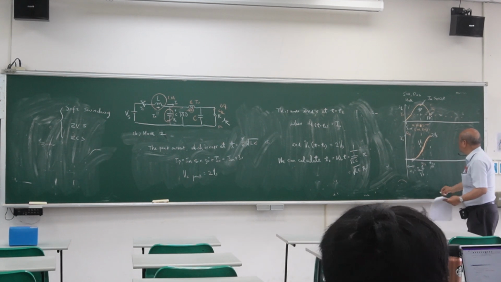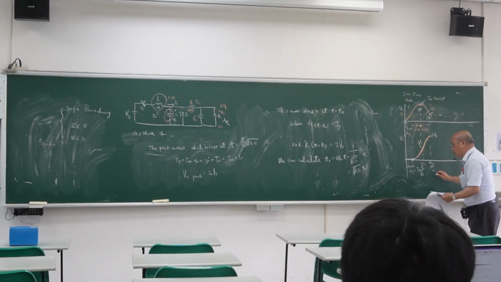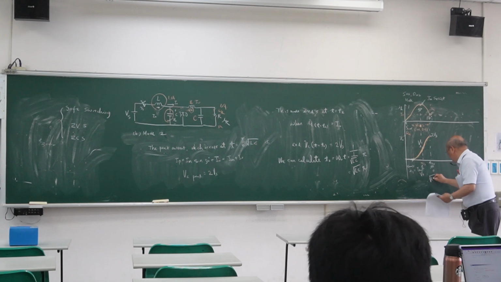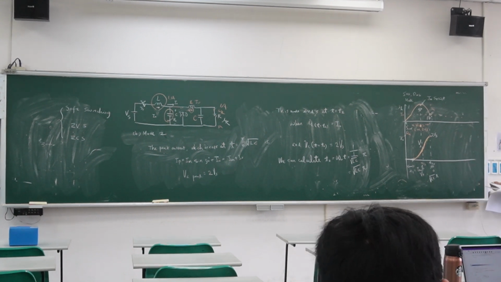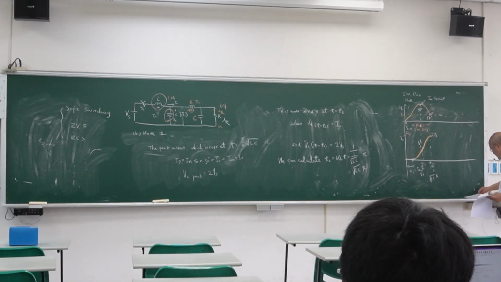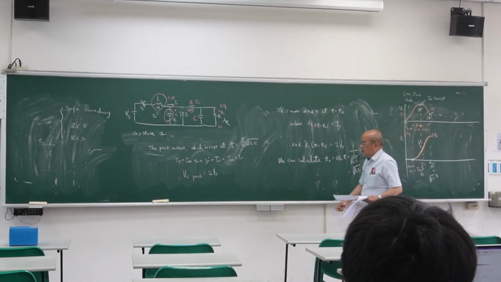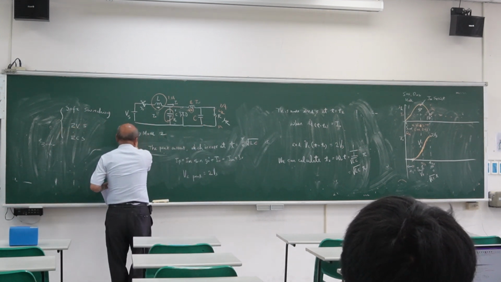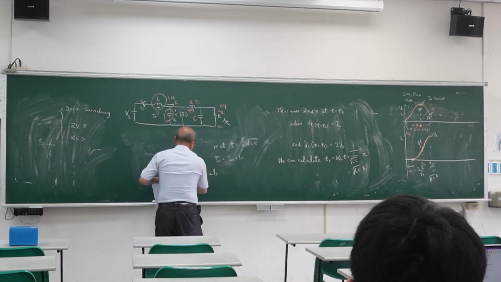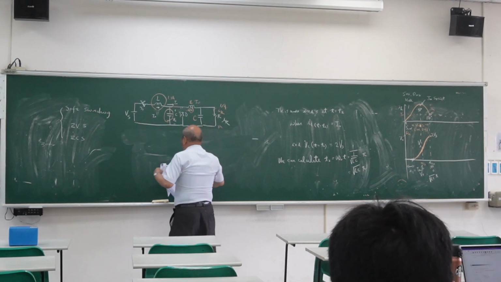So this is t2. So t2 is equal to square root LC multiplied by pi. So this is the time of t2. Now we move to mod 3, the next mod. We can remove this one. Mod 3.